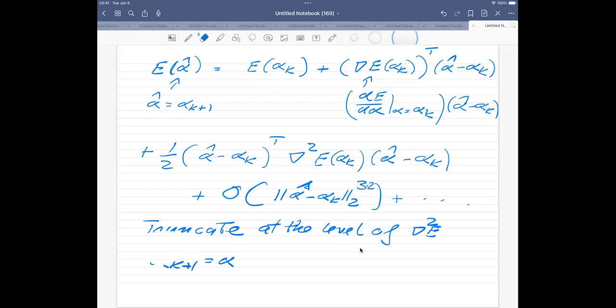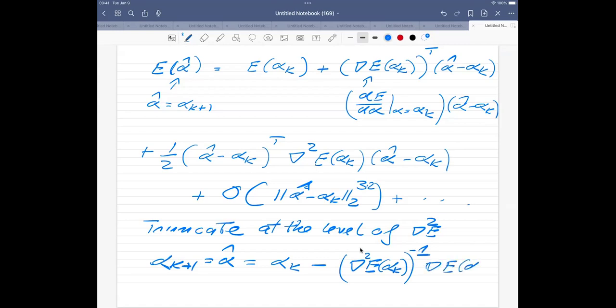This doesn't have a hat. Let me just put it like this, equal the hatted value. And this is equal to alpha of k minus the inverse of the second derivative. And I'm putting alpha k because the second derivative is evaluated at this value, multiplied with the gradient, evaluated at alpha k.